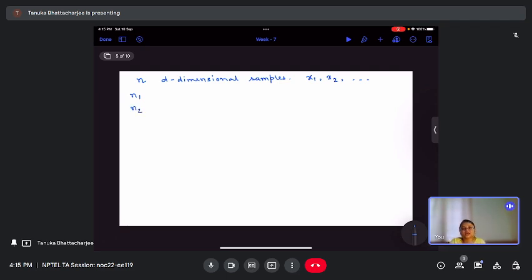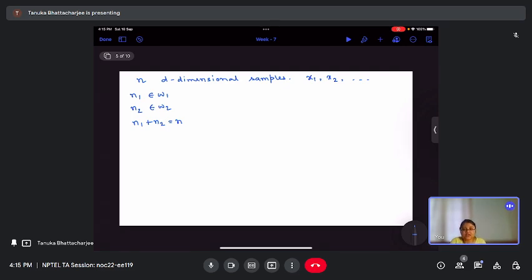So let's say the two classes are omega 1 and omega 2. So n1 samples belong to class omega 1 and n2 samples belong to class omega 2. So you have n1 plus n2 equals n. Total you have n samples. Among them n1 is from class omega 1, n2 is from class omega 2. All are d-dimensional samples.